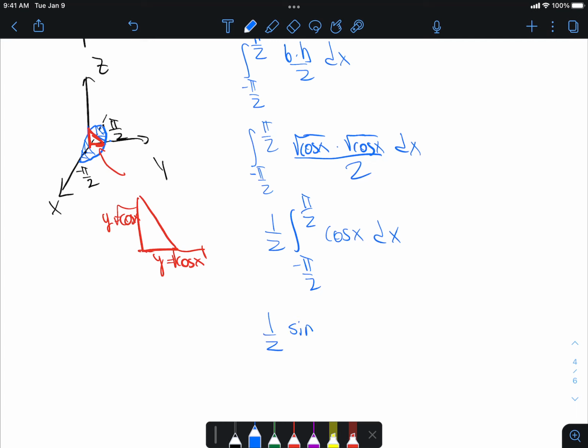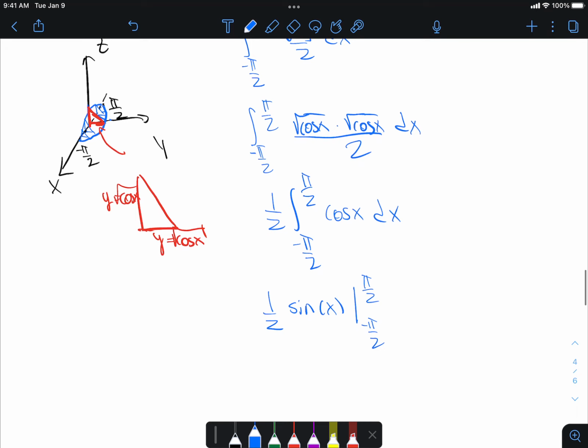The derivative of sine equals cosine, so the antiderivative of cosine is sine. And then I evaluate that from minus pi over 2 to pi over 2. That is the fundamental theorem of calculus. And then the answer will be sine of pi over 2 minus the sine of minus pi over 2.